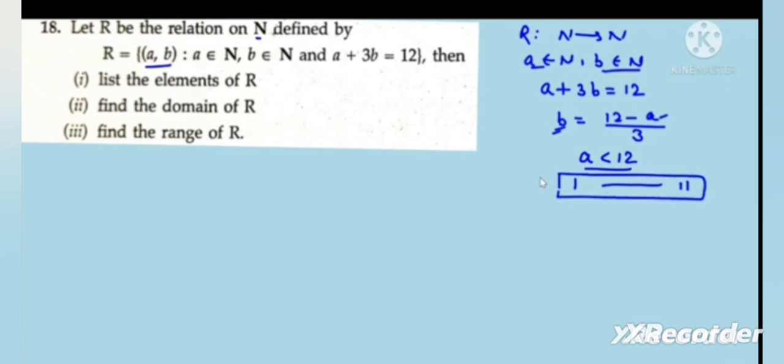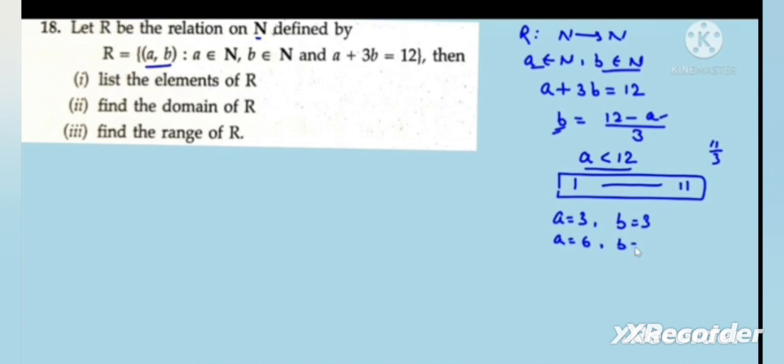Now if I put any value of a more than 12, then b becomes negative, which is not possible because b is a natural number. Therefore a should take values less than 12, that means 1 to 11. Alright, now we have to check for what values of a we get b as a natural number.